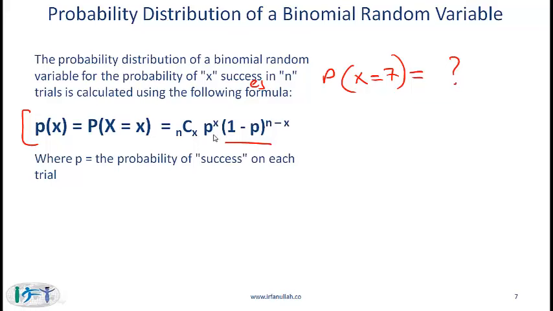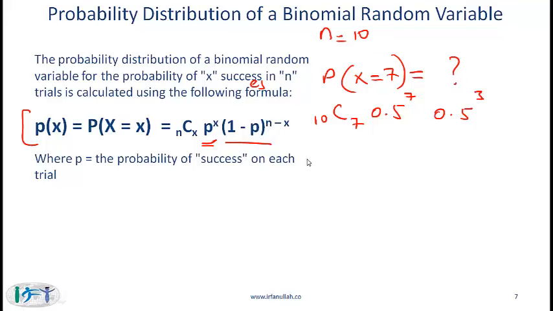In my example, n was 10 because we did 10 coin flips. So we'll say 10C7. 7 is the number of successes that we are considering over here, times the probability of success, which is 0.5, assuming we have a fair coin, raised to the power of x, that is the number of successes, and then 1 minus p, which is 0.5, to the power of 3.